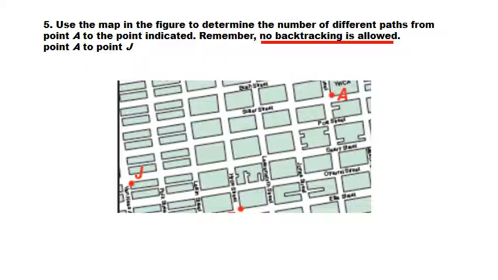The only movements that are legal, according to this problem, are movements to the left or movements down. So you can go on this street map anywhere to the left or anywhere down to get to point J. And they want to know how many different paths you can take.